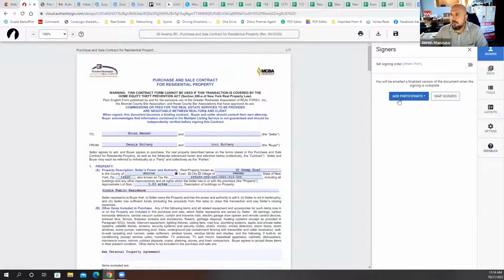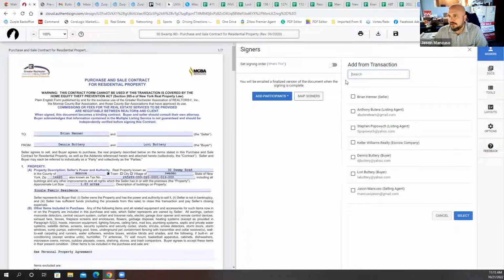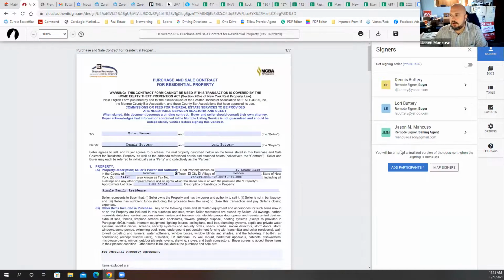So now we're in a spot where we're going to actually set up the sign. Okay. And first step is who's signing it. So you can go to add from transaction, and it already has the people in here. Dennis and Lori are going to sign it. And you can add them all in there nice and cleanly.